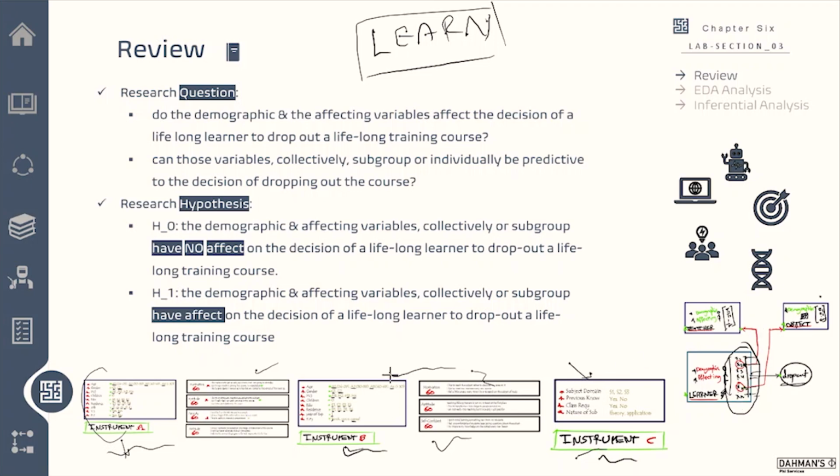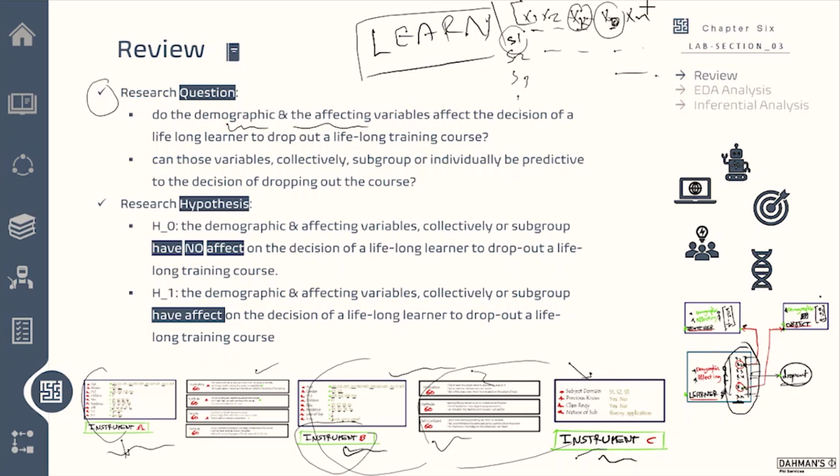One is the outcome of instrument B, which is the teacher's score, and the other belongs to the object scores. The variables from x1 to xm are grouped into 2 different types, demographic variables and affective variables. We want to investigate whether they have an effect on the decision of a lifelong learner to drop out of a lifelong training course. This is what we want to find out.